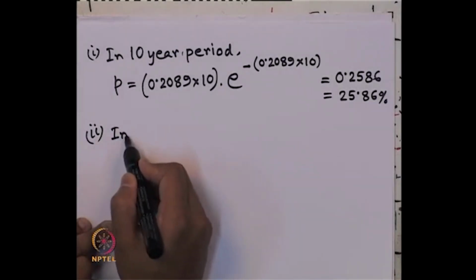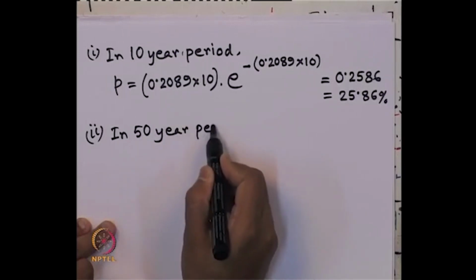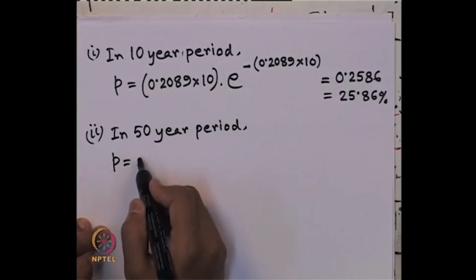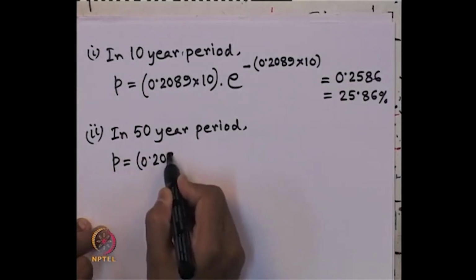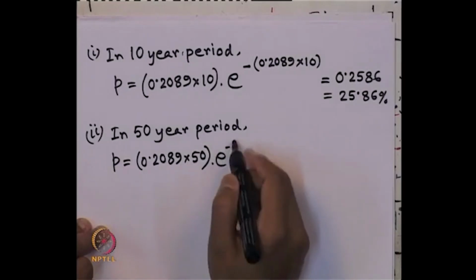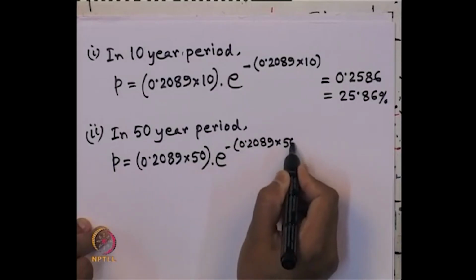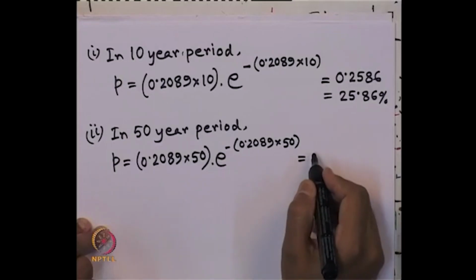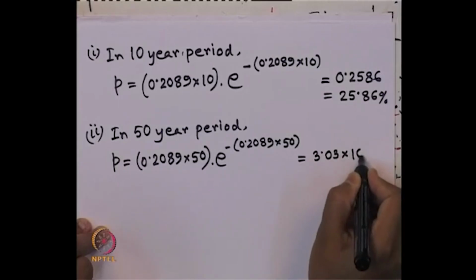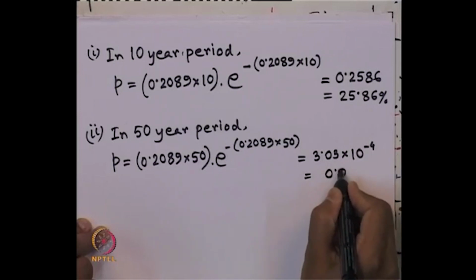Next one, in a 50-year period, in the same way we can calculate: 0.2089 is the lambda value, t is 50, e to the power minus 0.2089 into 50. That gives us the value of 3.03 into 10 to the power minus 4, which gives us 0.03%.